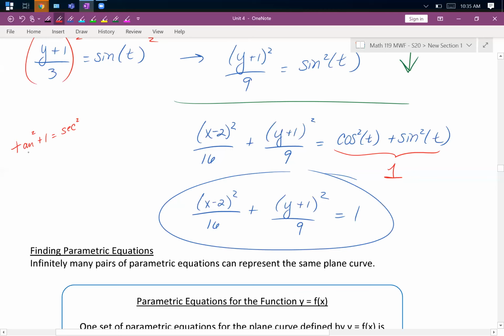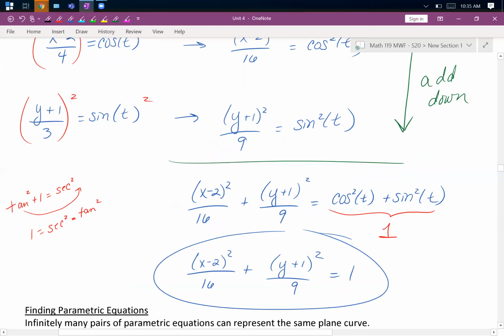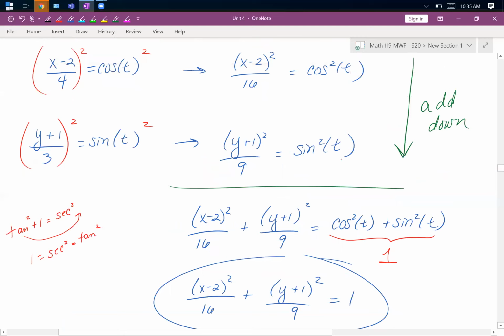So to get this to be equal to 1, you might end up having secant squared minus tangent squared. So just heads up with that. Pay attention to what the trig functions are and how they would have to be combined so that a Pythagorean identity would be applicable.